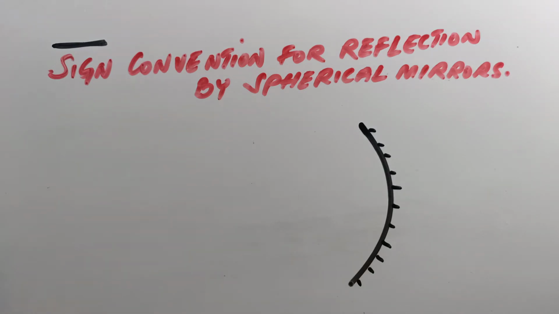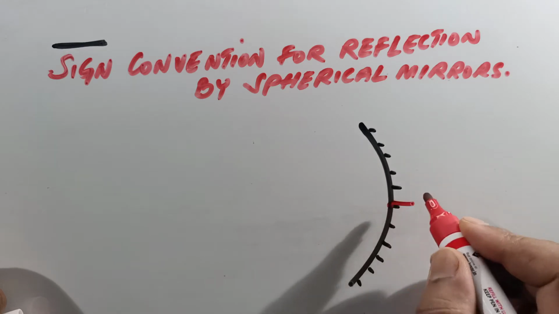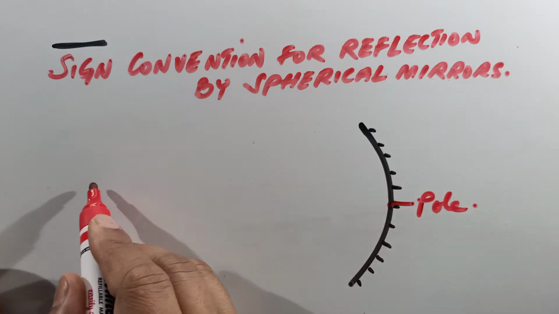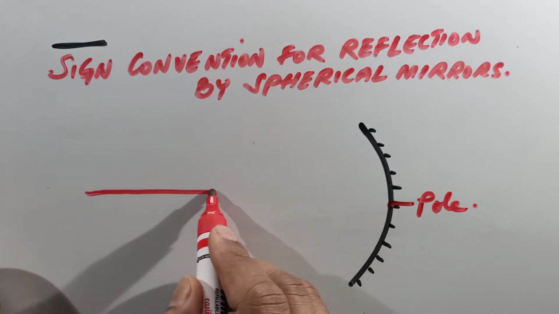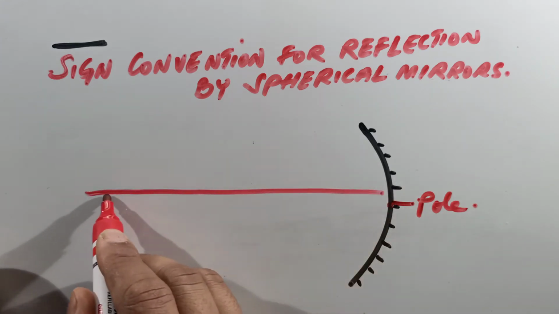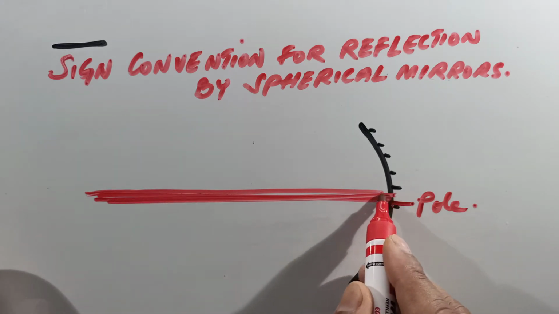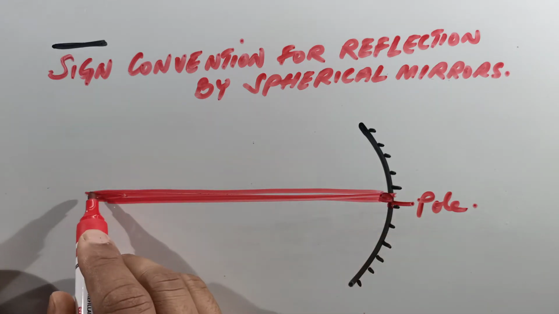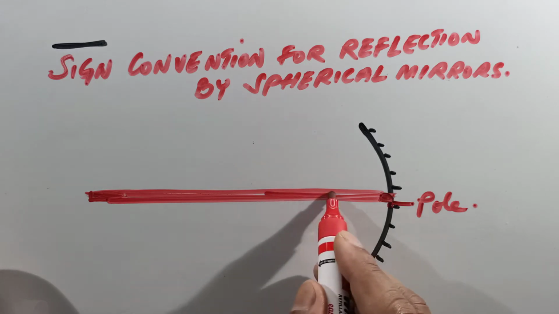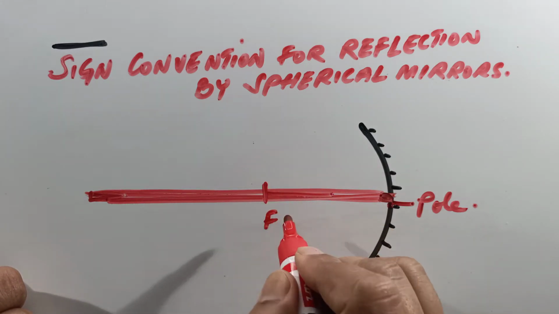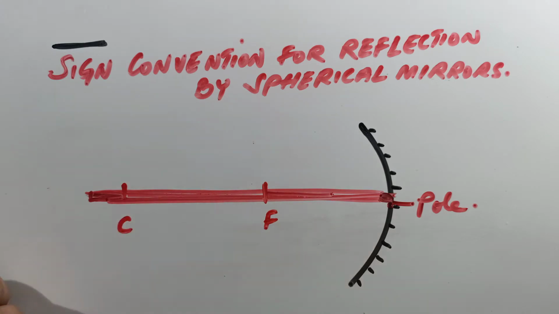This is the geometrical midpoint, which we call the pole. This is the principal axis. So I have the focus and I have the center of curvature.